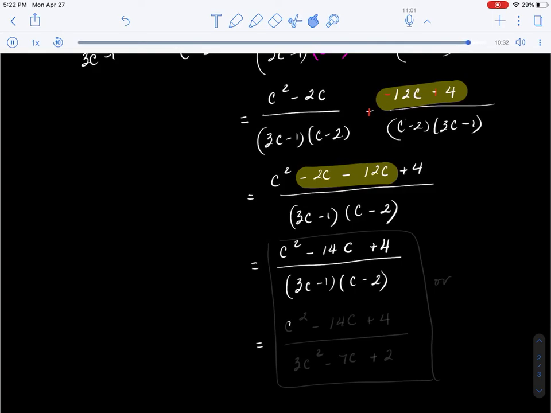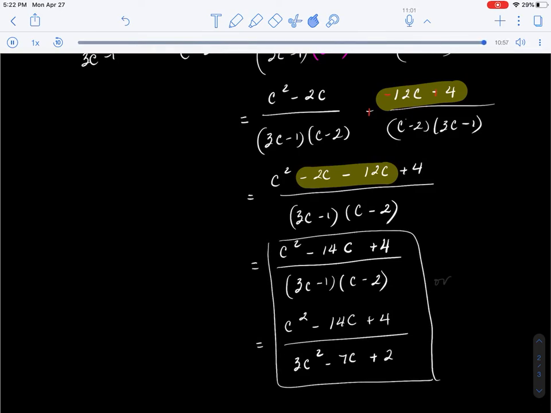Let me simplify further. Let's do FOIL: 3c squared, then 3c times negative 2 is negative 6c, negative 1 times c is minus c, giving minus 7c, and then plus 2. Either one of these will be your final answer. I will accept either one of them.